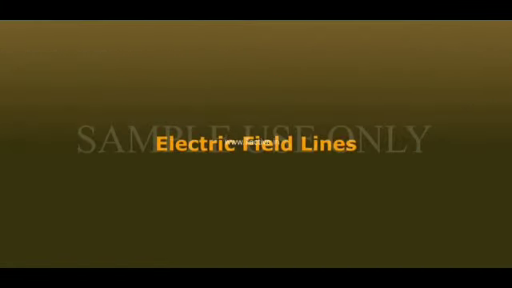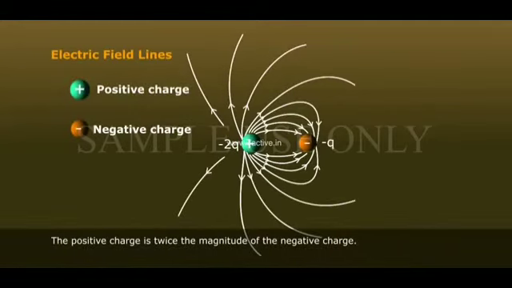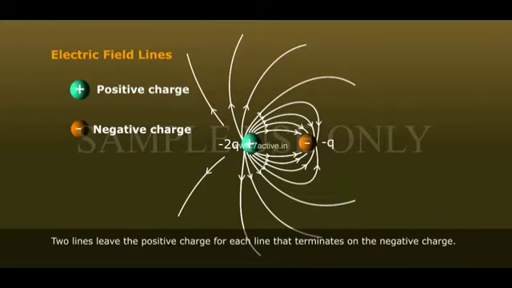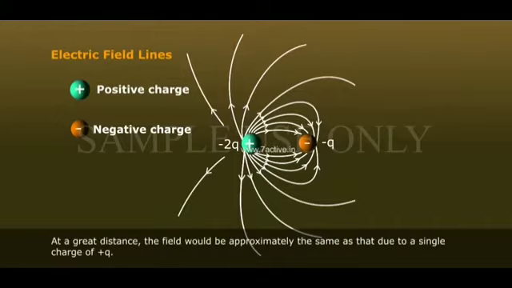Electric field lines. The positive charge is twice the magnitude of the negative charge. 2 lines leave the positive charge for each line that terminates on the negative charge. At a great distance, the field would be approximately the same as that due to a single charge of positive q.